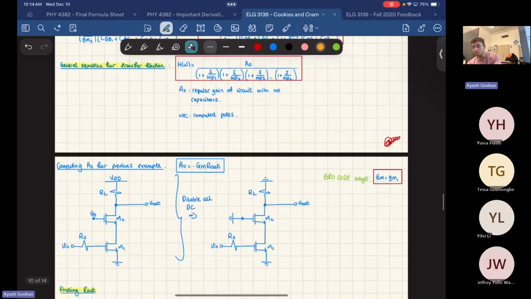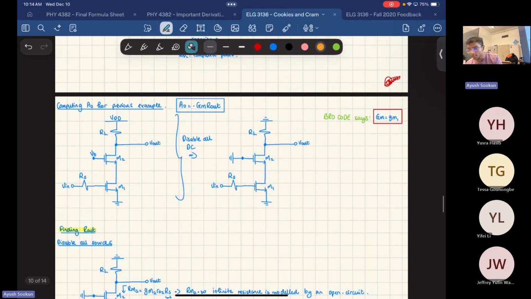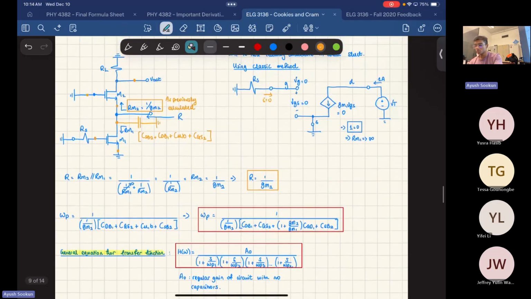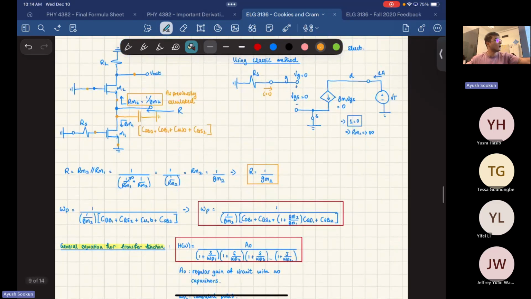So all you need to do is take those values, 1, 2, and 3, and replace them in here. Because you have 3 poles, it stops here. That's your denominator.